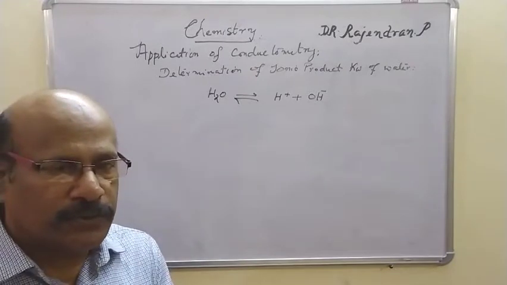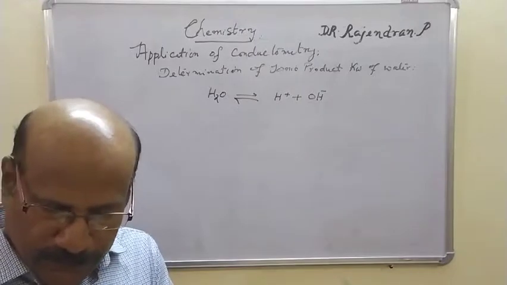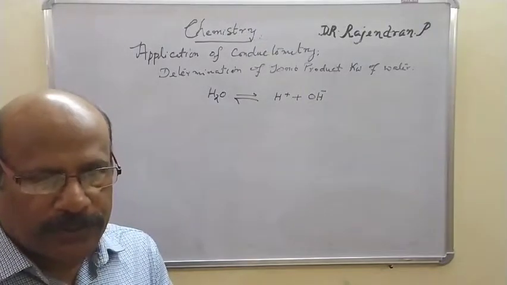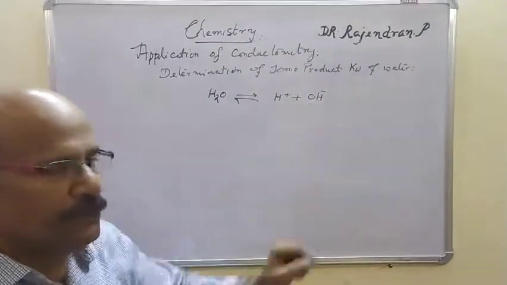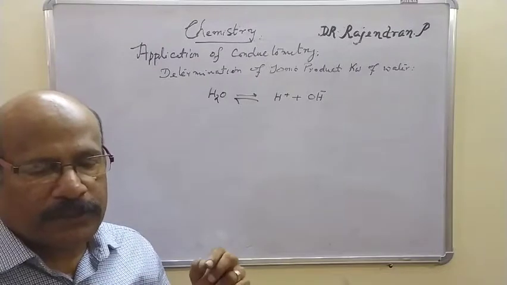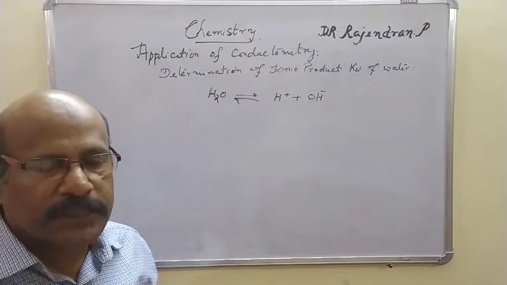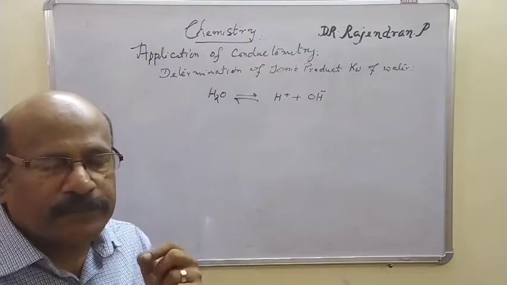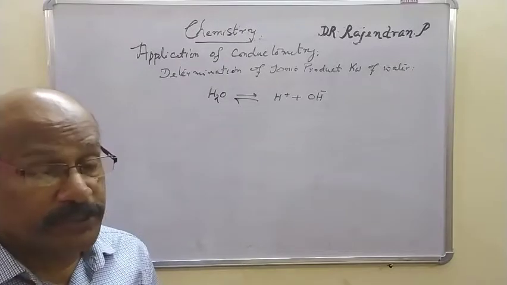So you have to understand the important fact that with respect to H plus and OH minus ion, the aqueous solution is extremely dilute, because water has a very small, feeble dissociation.